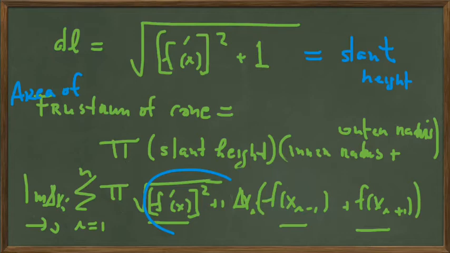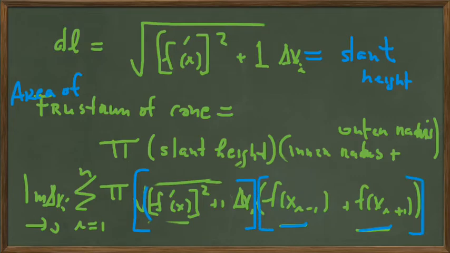And those inner radius and outer radius were what? f of x sub i minus 1 and f of x sub i. The delta L was this formula here, and actually the delta L formula should have a delta x sub i multiplying it here. So if we break up the parts, here's the pi, here's the slant height, and here is the sum of the inner and the outer radius.